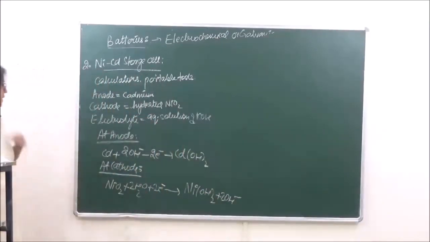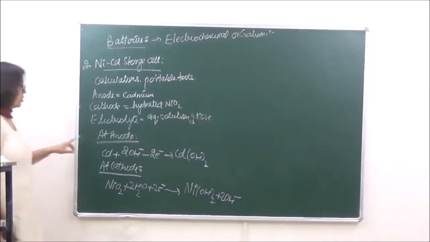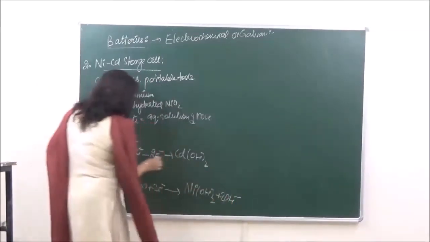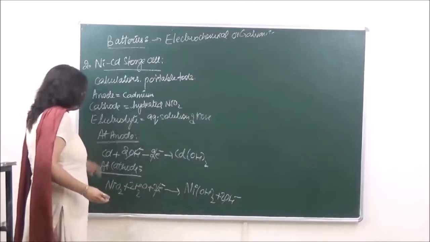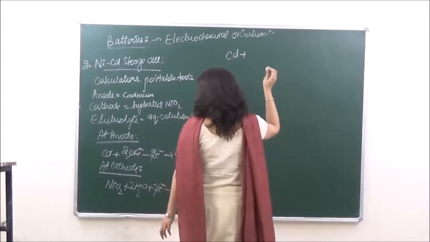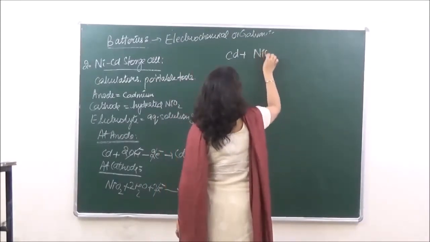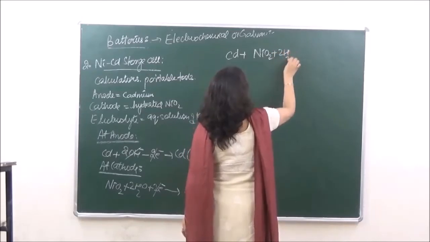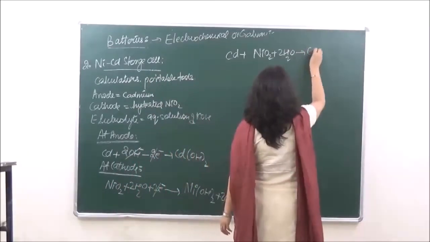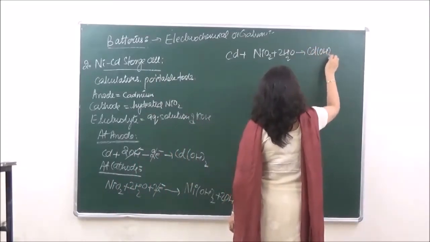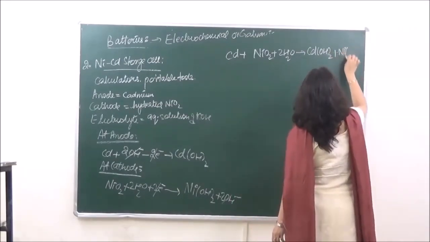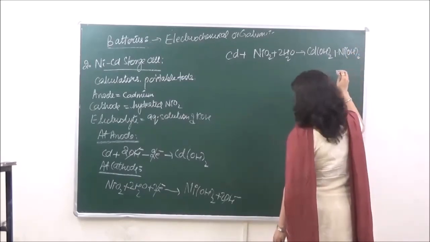Now when we are writing the overall reaction, again you can see that this gets cancelled with this, and both the electrons are also cancelled. So we have Cd, cadmium, plus nickel dioxide plus water to give us cadmium hydroxide plus nickel hydroxide.